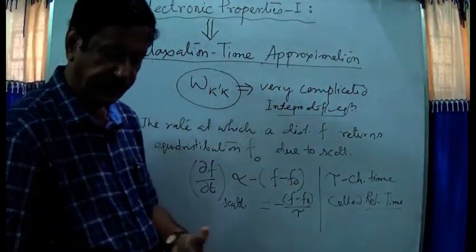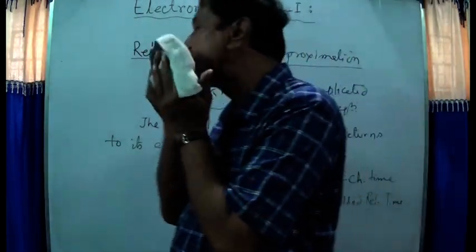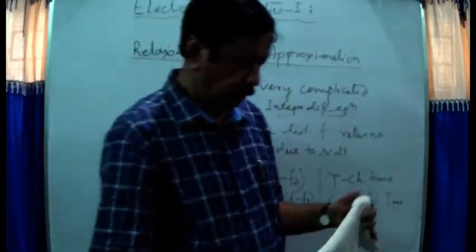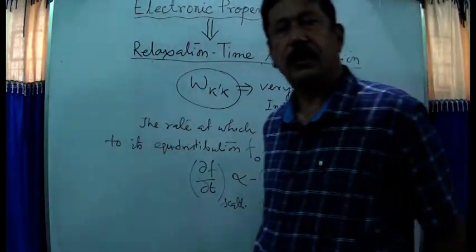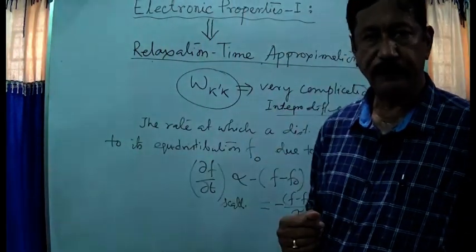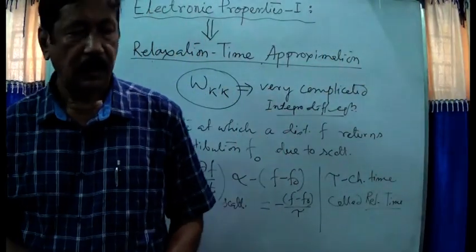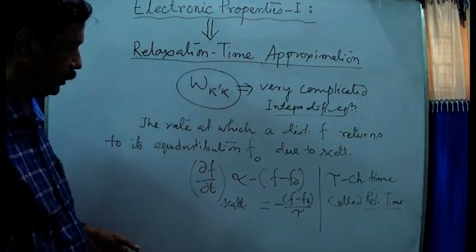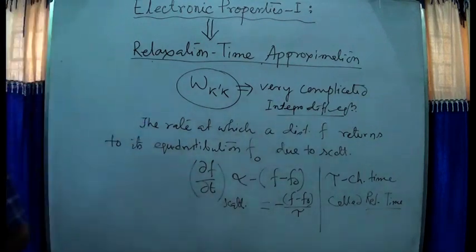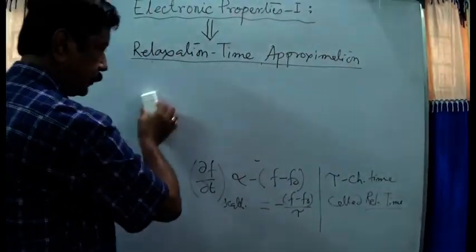So relaxation time means the time at which a system in its non-equilibrium state can come back to its equilibrium distribution via scattering phenomena. Okay? Now, if we integrate this term, then we can find some interesting point. Let us integrate.